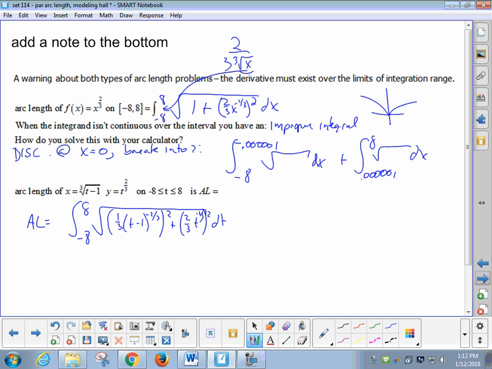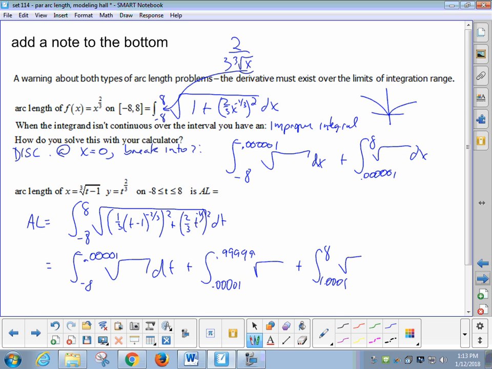So if you were to break this into pieces, you'd go from -8 to -0.000001 of the root thing, plus from 0.000001 to just below 1, plus just above 1 to 8.